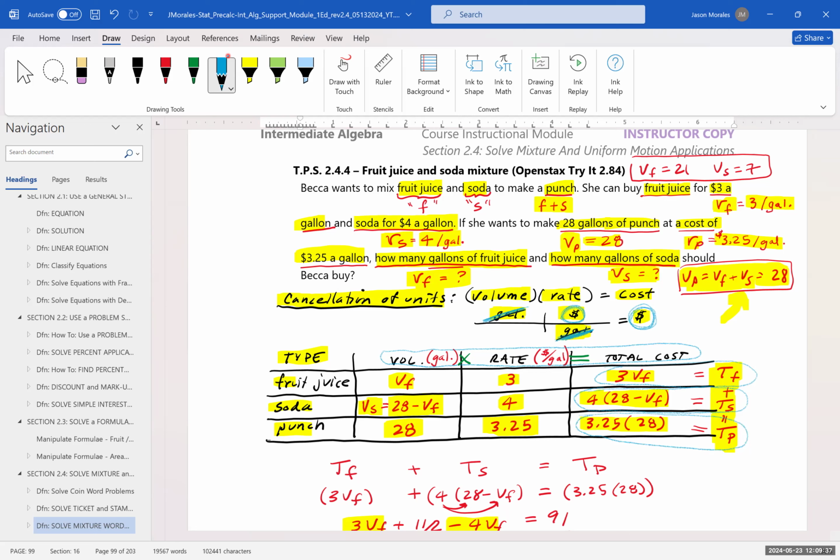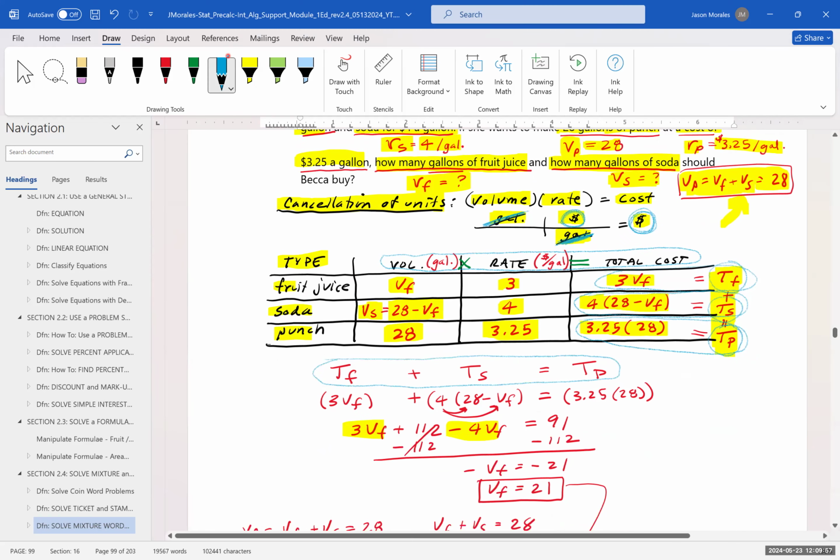And we know that if we were to add the total cost of the fruit juice plus the total cost of the soda, that will be equal to the total cost of our punch. And that's this relationship that I set up right here.